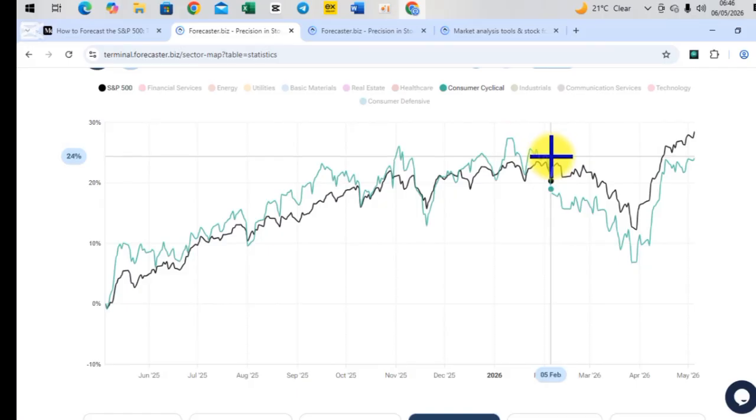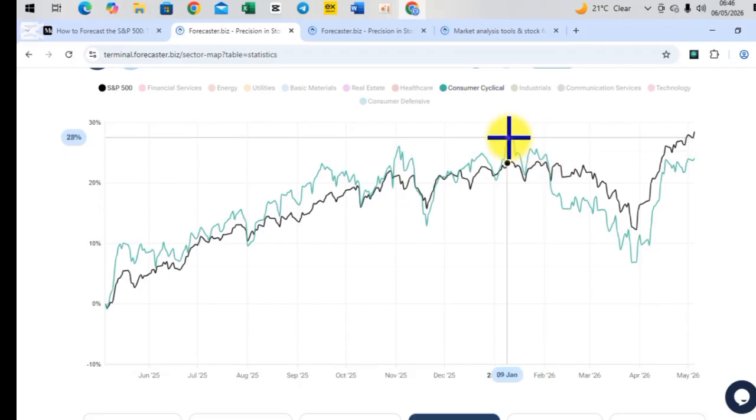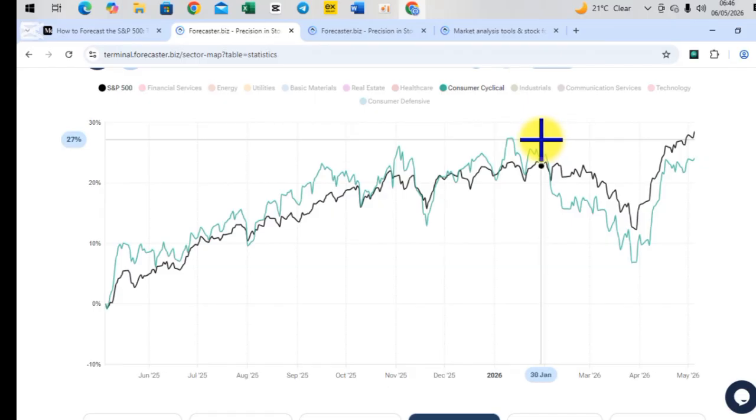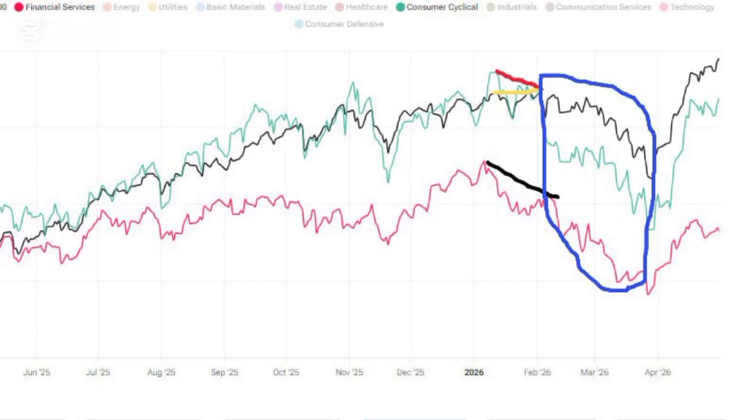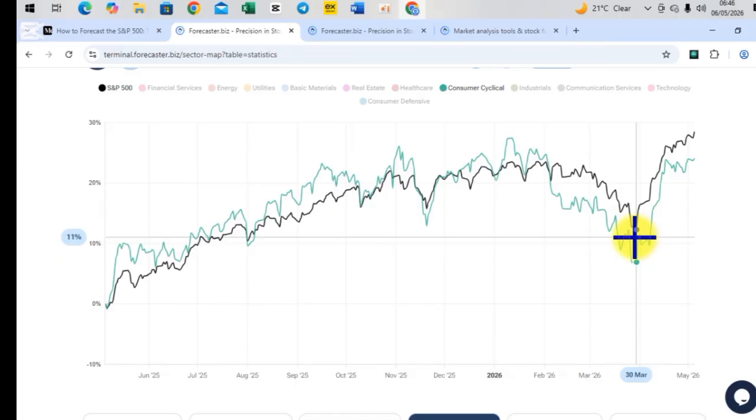That is January to February. January 9th to February. That's when we saw the divergence. So what followed? You can see the market crashed up to 30th March of this year, 2026.